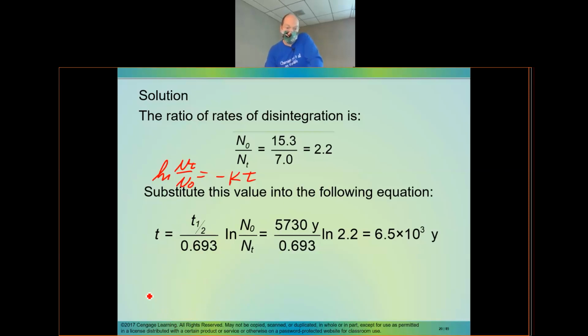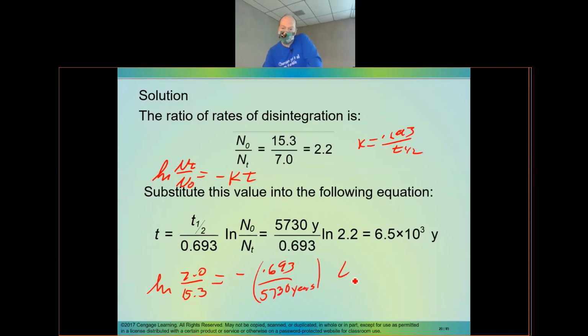So I have the ln of my 7.0 divided by my 15.3. That is equal to my k value, which is 0.693 over t 1/2, so negative 0.693 over 5,730 years. And then solve for t. And when you solve for t, you will get 6.5 times 10 to the third years.